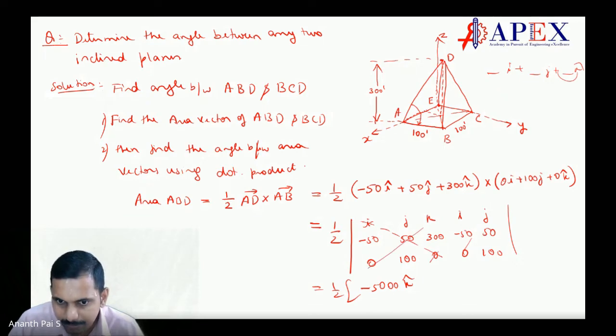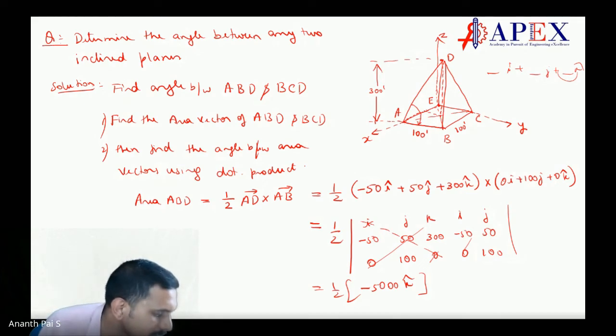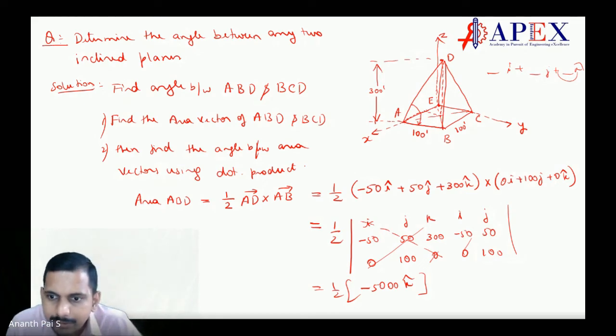Then this is 0. So you get the thing as, I'm sorry, here I have made a mistake, students, somewhere. I don't know where I made a mistake. Just a second. It will not come like that. Just 50i plus 50j, 300k. Fine. So 300 into 1000.